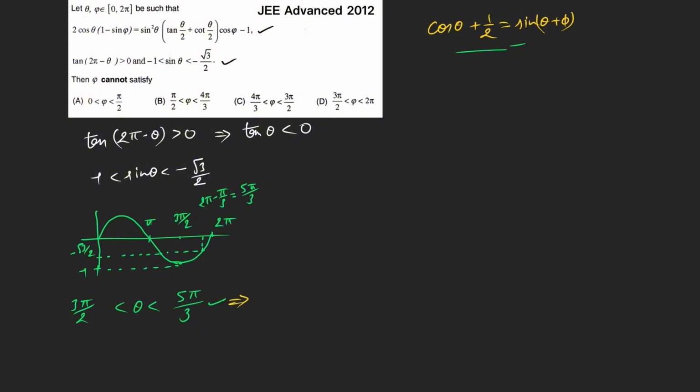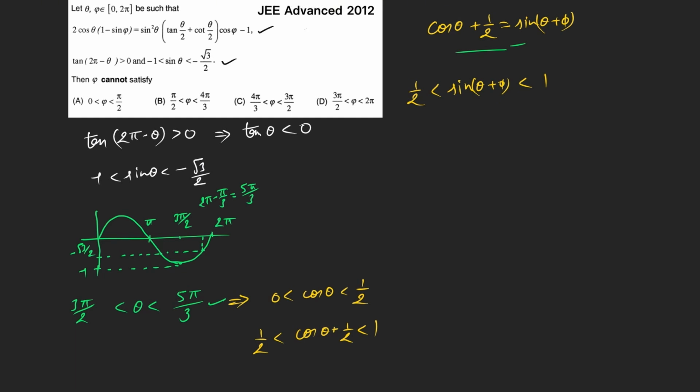From this, our cos theta will be between 0 to half. And cos theta plus half will be between half to 1. Therefore, sine of theta plus phi is between half to 1.